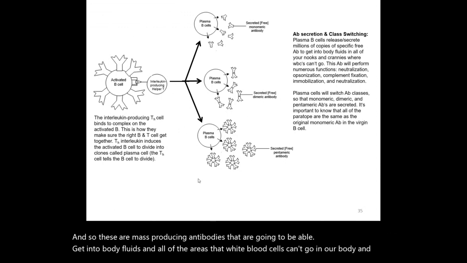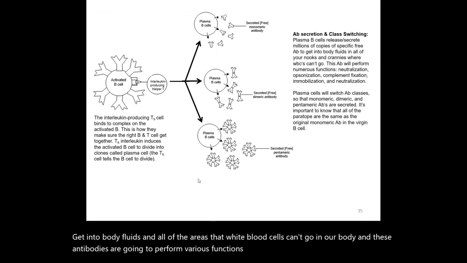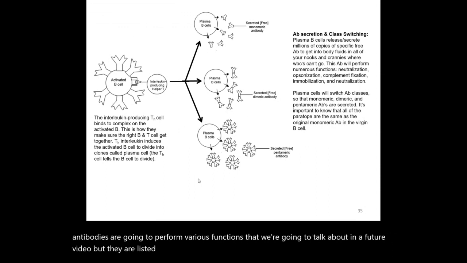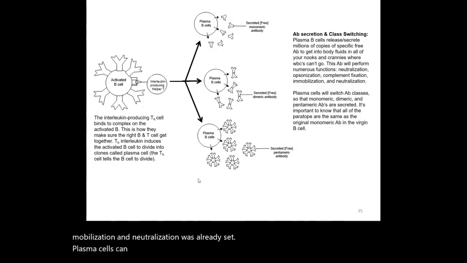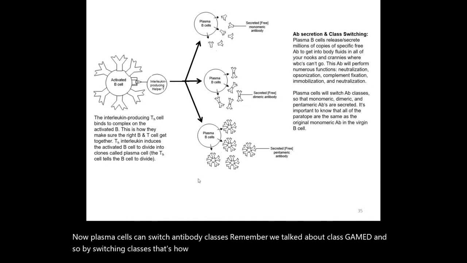And these antibodies are going to perform various functions that we're going to talk about in a future video, but they are listed here: neutralization, opsonization, complement fixation, and mobilization. Now, plasma cells can switch antibody classes. Remember, we talked about class G, A, M, E, and D. And so by switching classes, that's how the different forms of antibody are released, right?